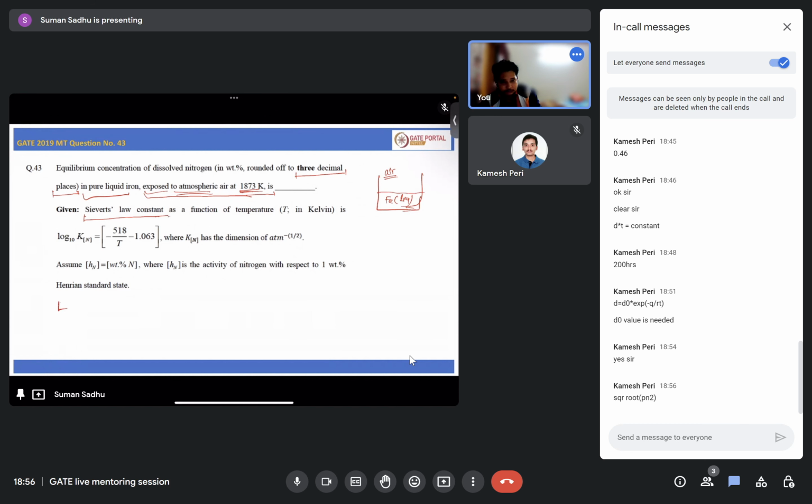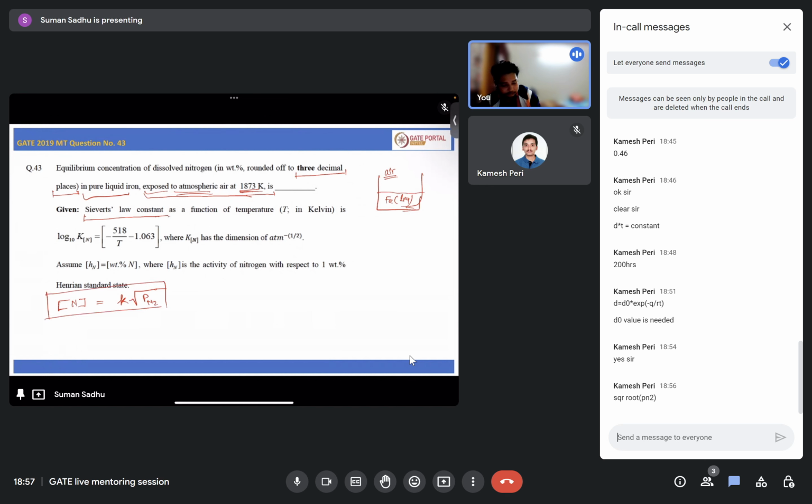Sievert's law is, yes, the dissolved concentration of, let's say, nitrogen is basically K into the square root of the partial pressure of nitrogen. So this is your Sievert's law.